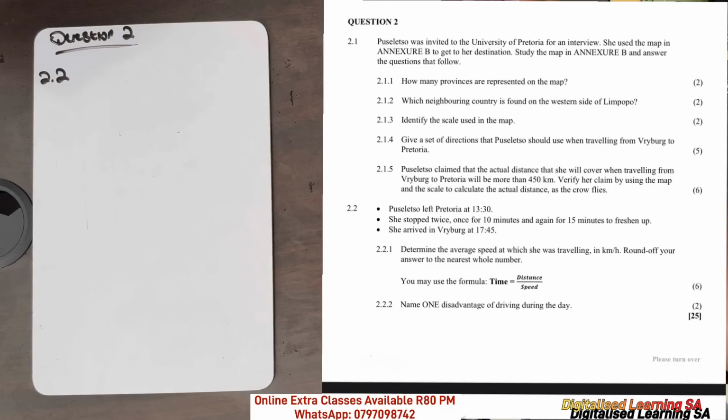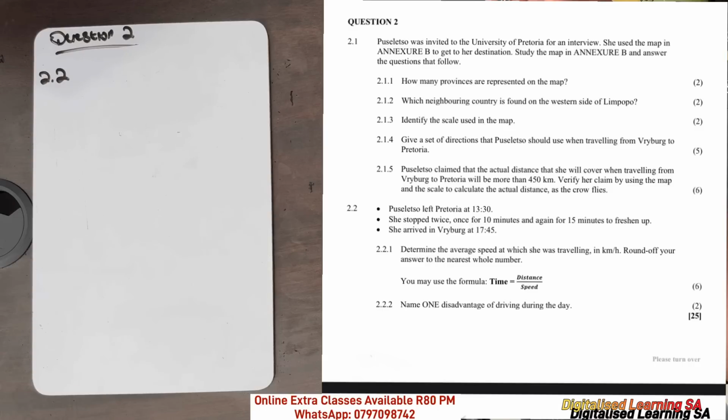We start with question 2.2.1: determine the average speed at which she was traveling in kilometers per hour, rounding off your answer to the nearest whole number.